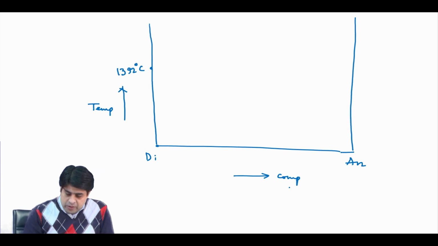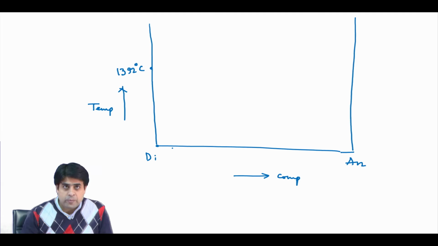When you come from right hand side to left hand side, your diopside proportion is increasing. So, here for example, you have 25% of diopside, here you have 50% of diopside, here 75% of diopside, and here 100% of diopside.